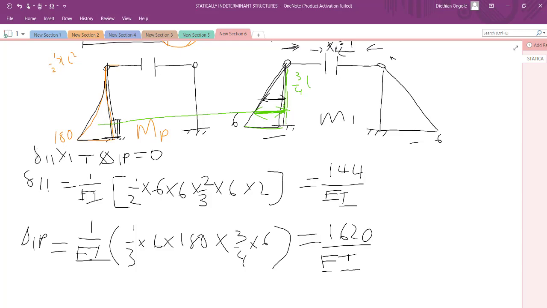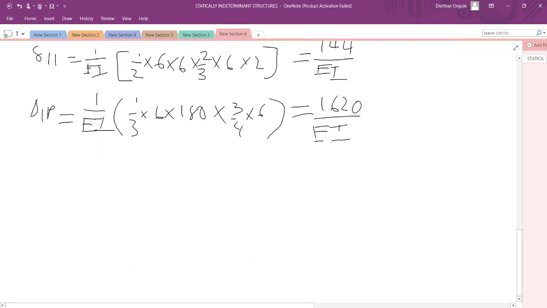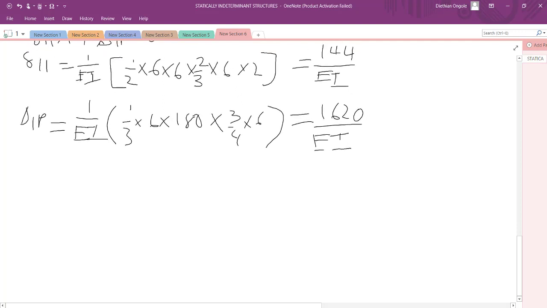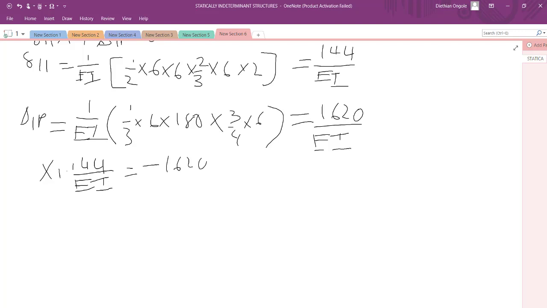So having found that, I now come and calculate for my x1. We shall have x1 times 144 divided by EI equivalent to, since this delta 1p is positive, when it crosses the equality it becomes negative 1620, divided by EI.